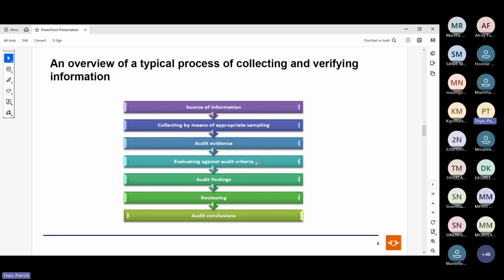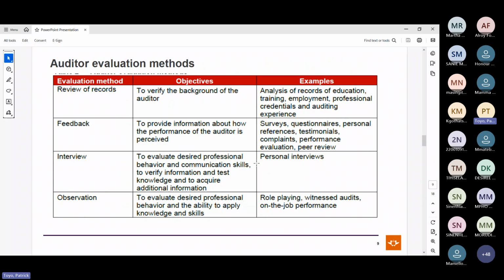And you state, I'll show you on the next slide, which captures nicely where you find a non-conformance, where's the objective evidence, and what was the standard, what should have been there. I'll show you now. These different methods: you review the records, feedback, interview, observations. These are the types, the methodology.